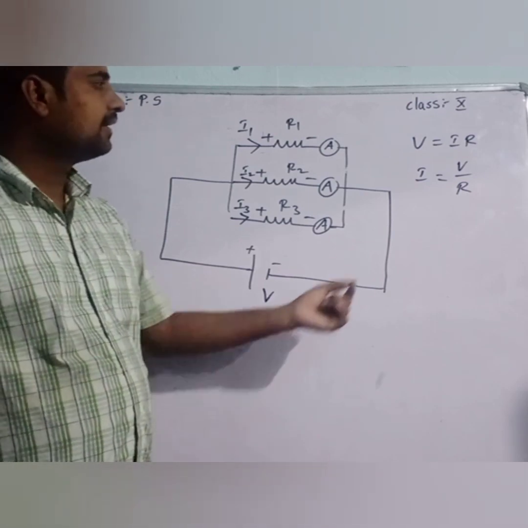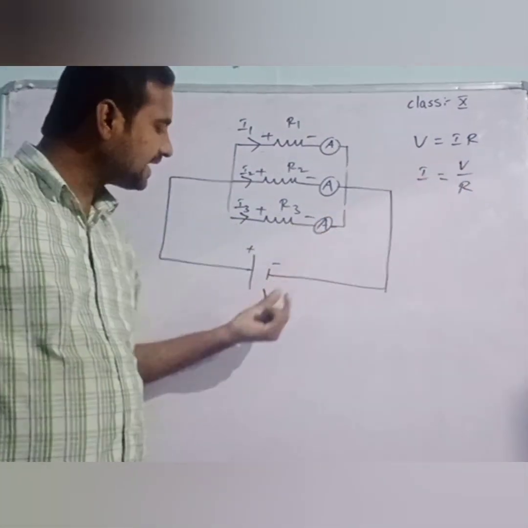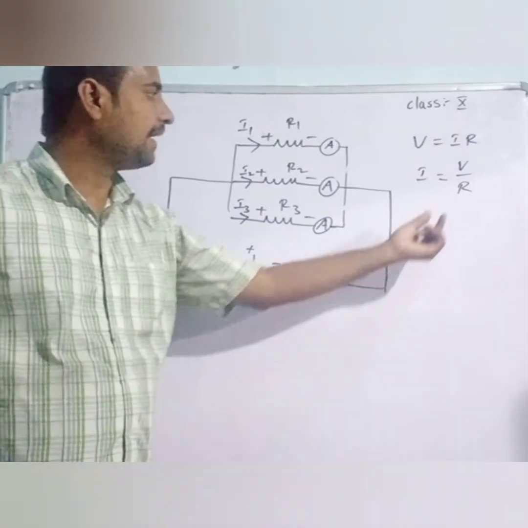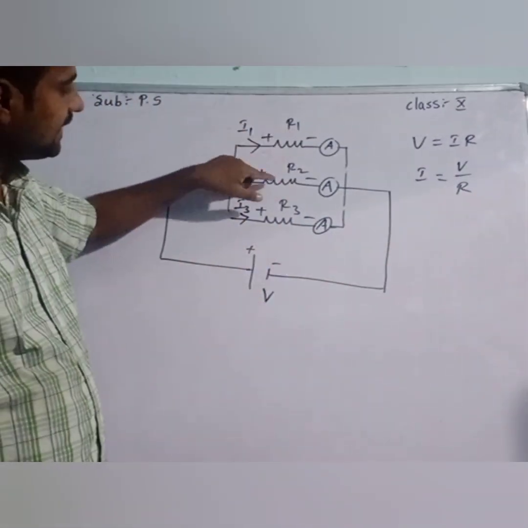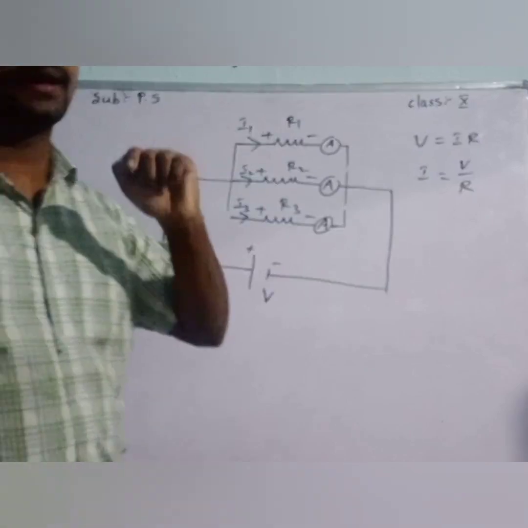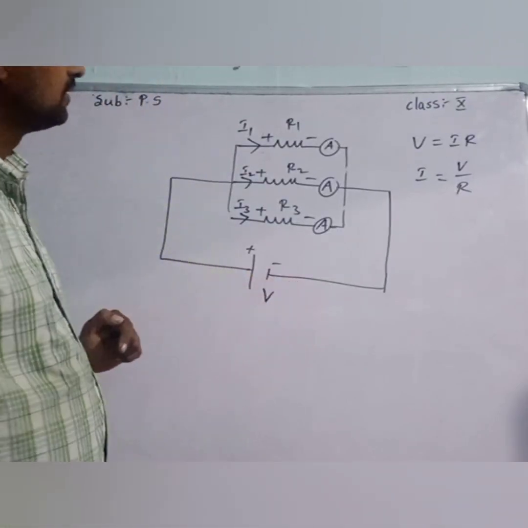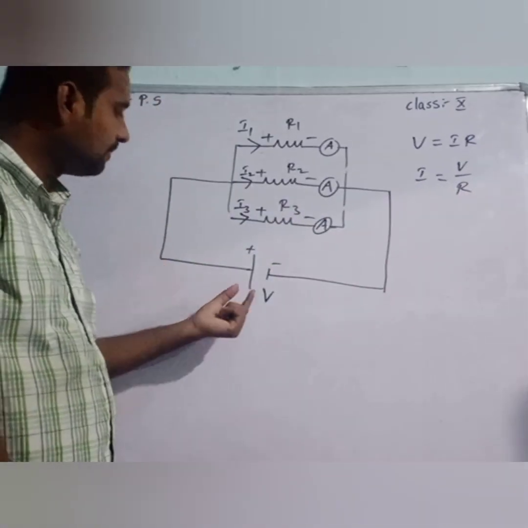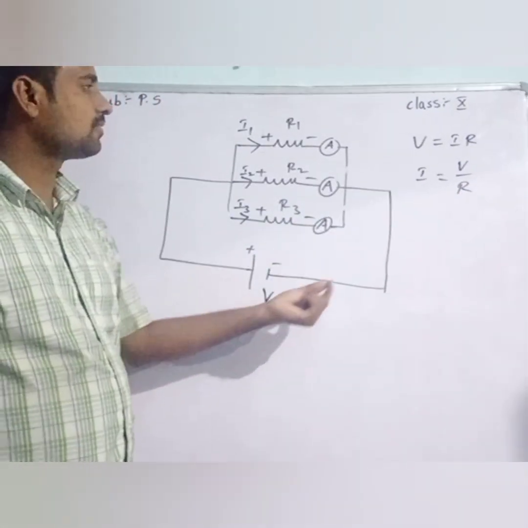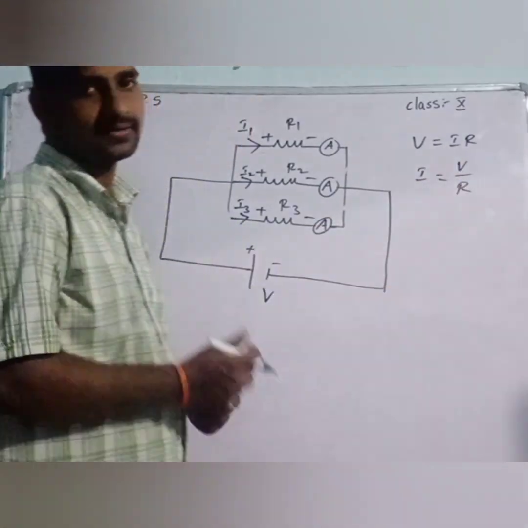Here V indicates the voltage of the battery and R indicates the equivalent resistance of the three resistors connected in parallel. Clear? Now I indicates the current passing through the battery. So I is equal to V by R.